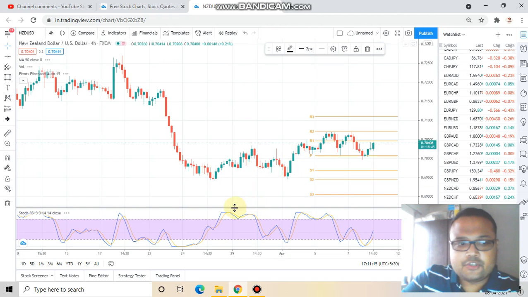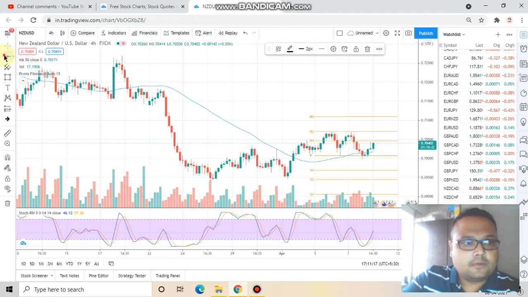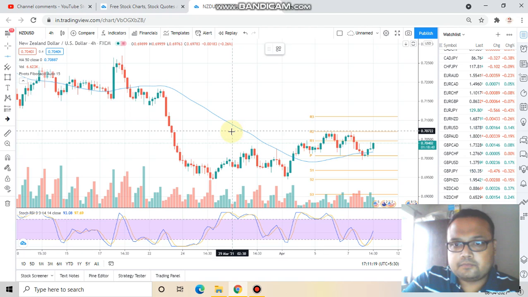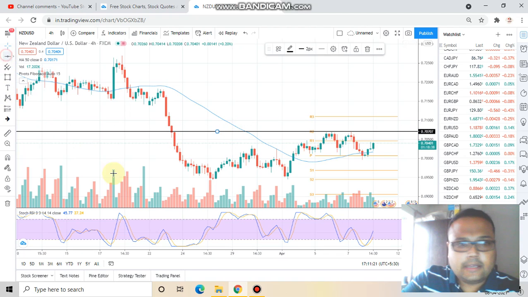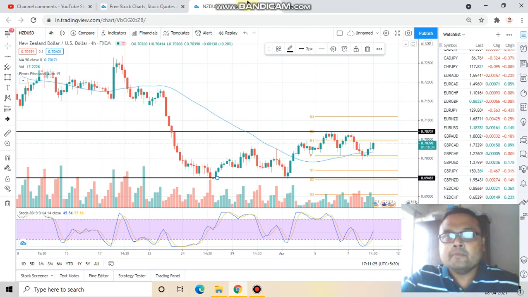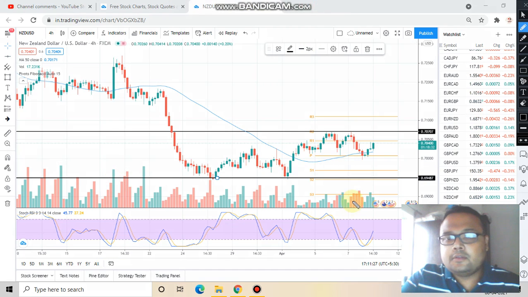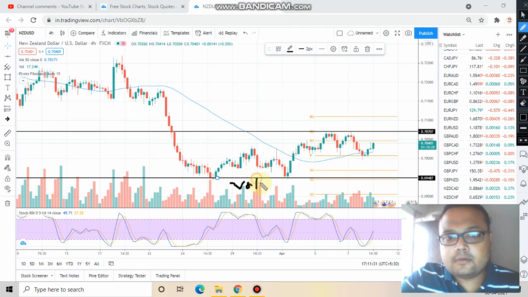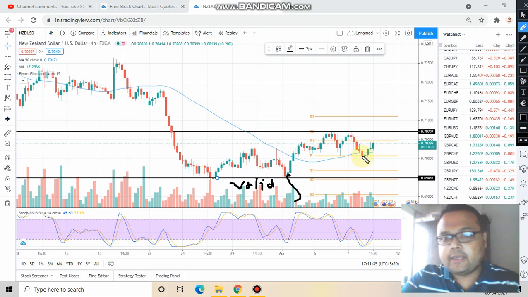Therefore, we have a picture now. Let me draw these two lines again. One thing is very clear to us right now, that this is a valid support for the market. In case market comes down to this particular price level, then just observe the price.